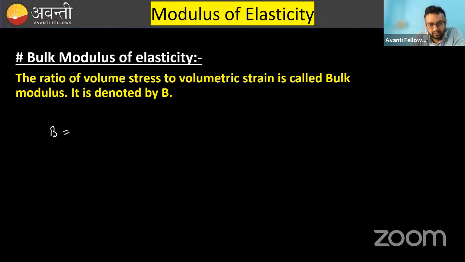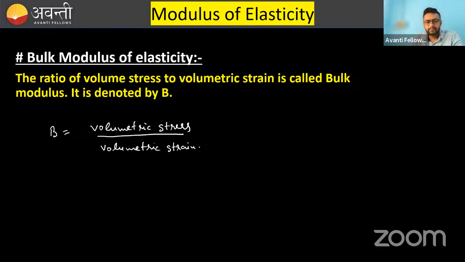B is the ratio of volumetric stress to the volumetric strain. In the previous class, yesterday's class, I told you what volumetric stress is.